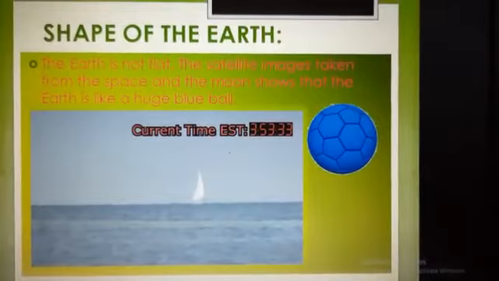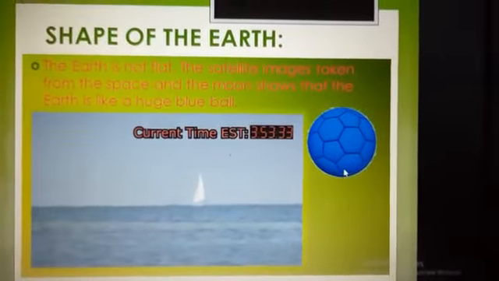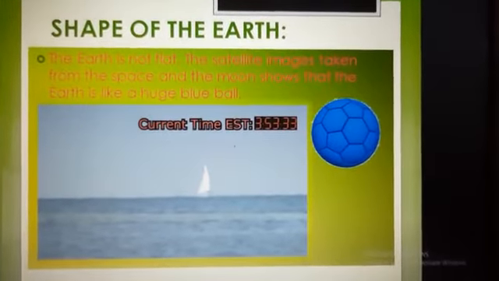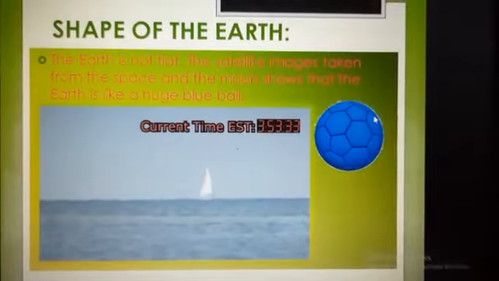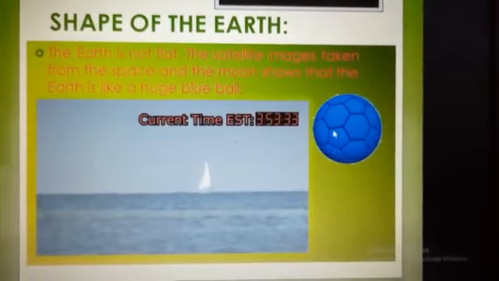So it looks like a huge football, not like a coin, that is, it is spherical in shape. Okay, and it also shows as if it is blue in color.